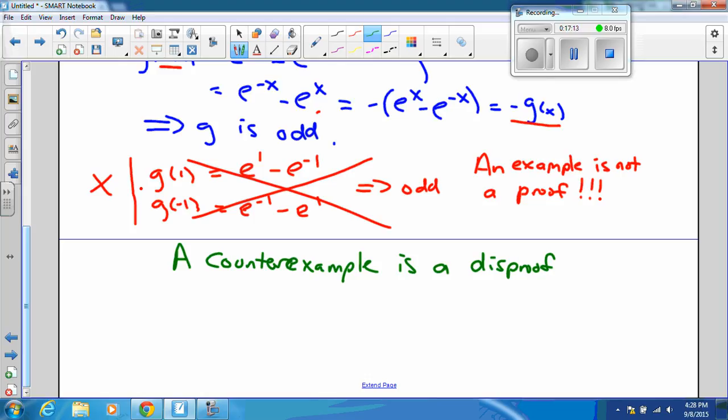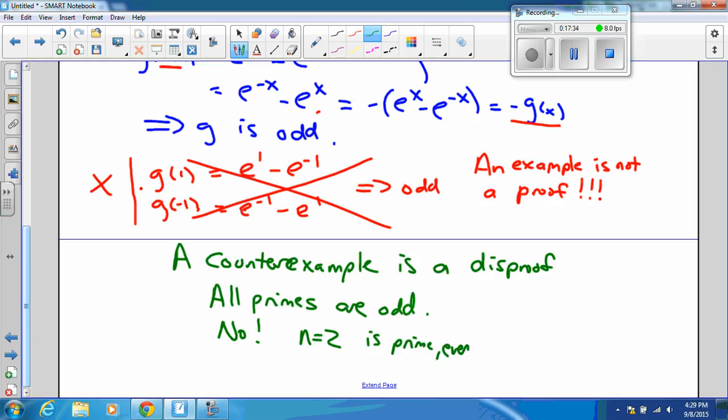Suppose I say that all prime numbers are odd. And I say this in class, and you say, nope, because n equals 2 is prime, and it's even.